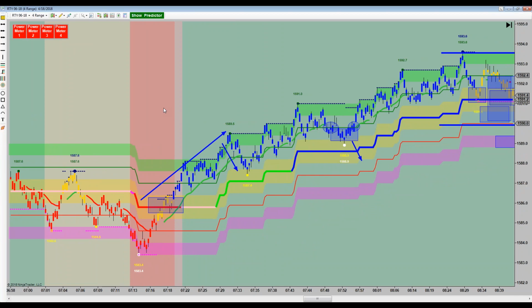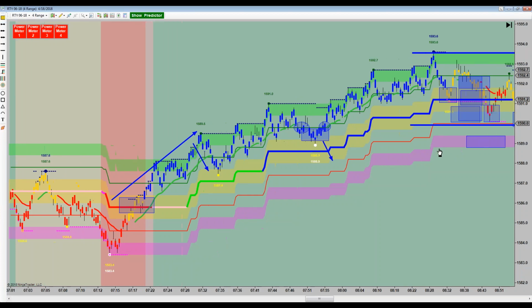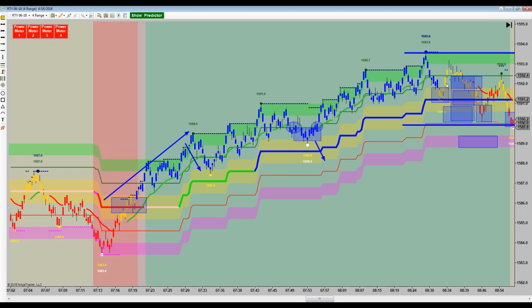John's asking, does Object Trader draw the boxes themselves, or do you have to draw them? So what happens is you select region box, you hit the enter key, and the box will pop up, and it'll look something like this. Let's say we pop the box up here.